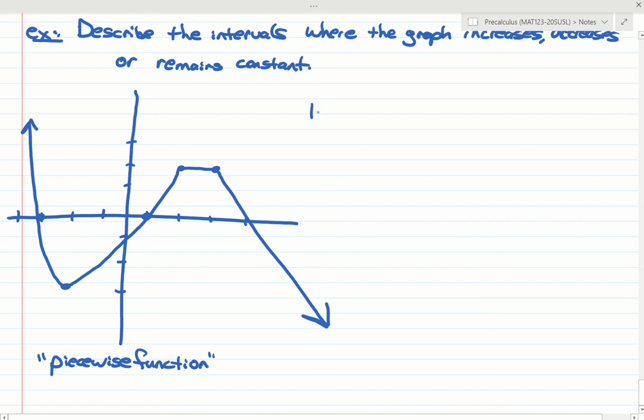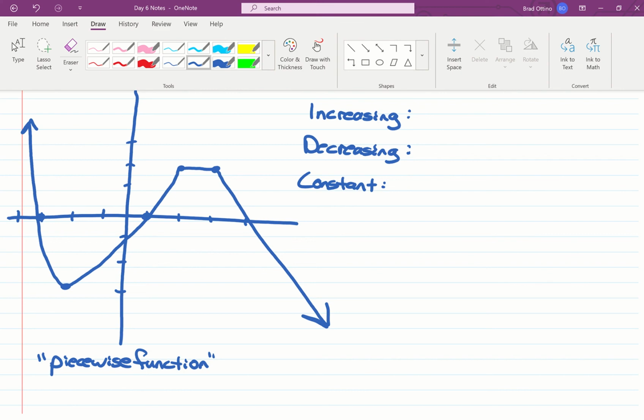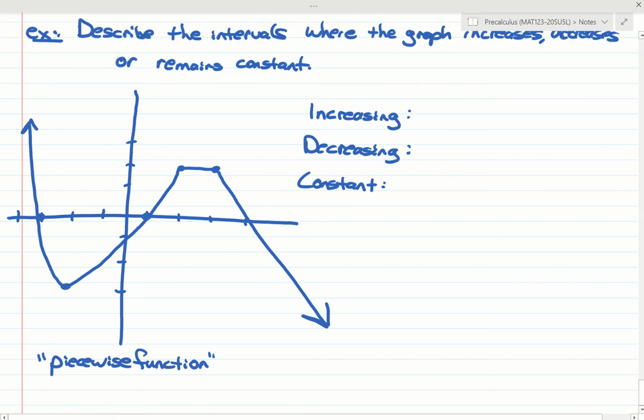So let's talk about where our graph is increasing, decreasing, and constant. Okay, so it's increasing from left to right. Just kind of trace it. Well, this is going down, but it starts going up right here. Then it reaches a point.